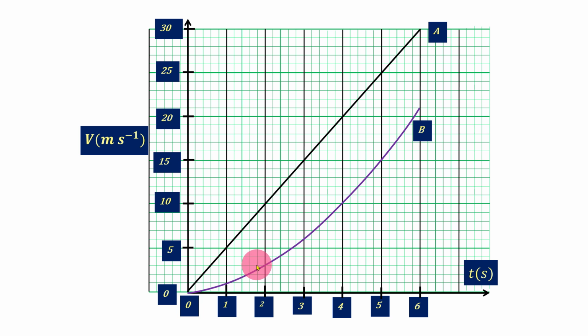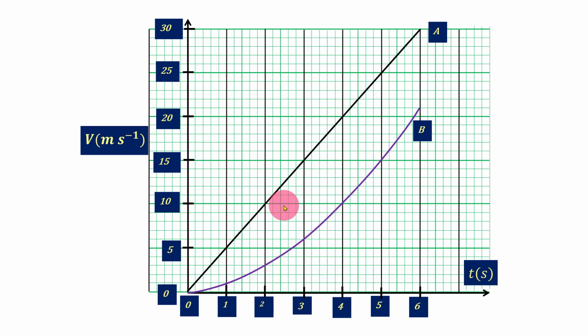It's very simple. We use the concept of gradient. When we look at this straight line here, its gradient is uniform. But when we look at B, the gradient is increasing. That is the first thing that we use, gradient.